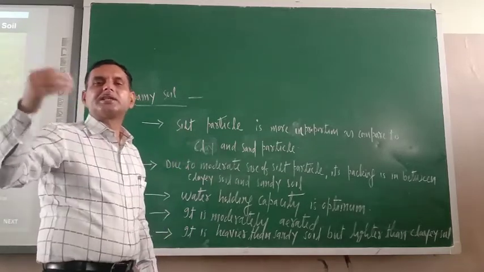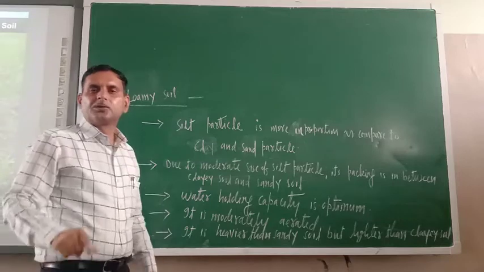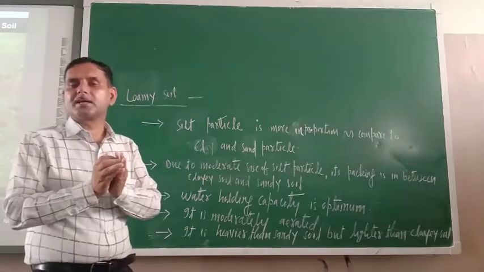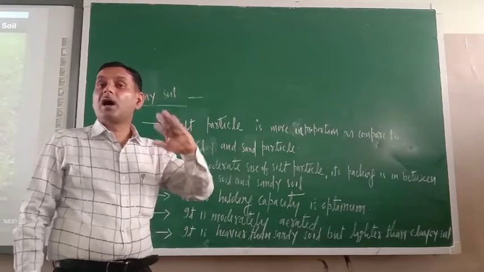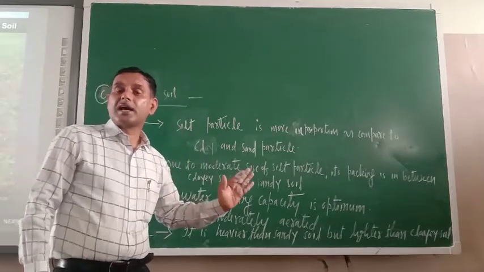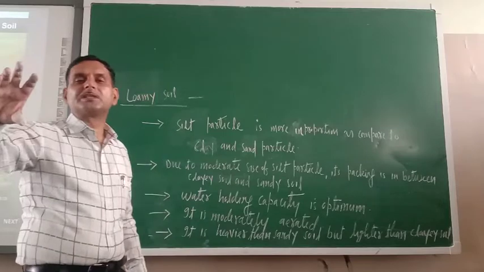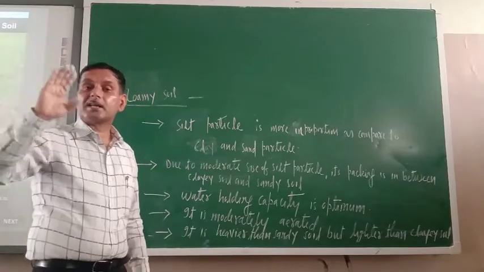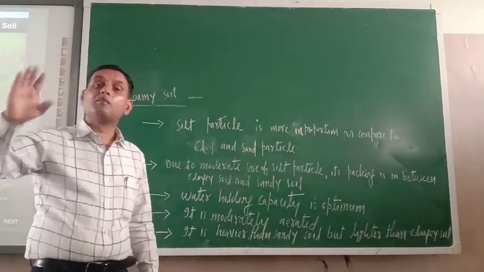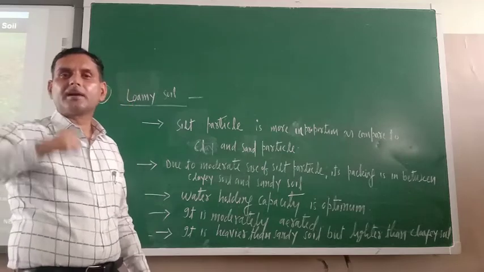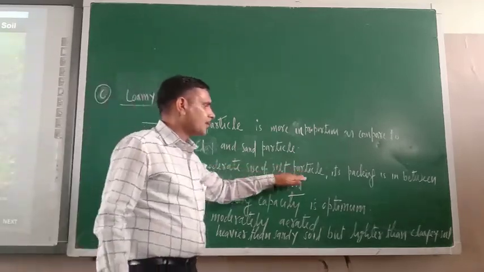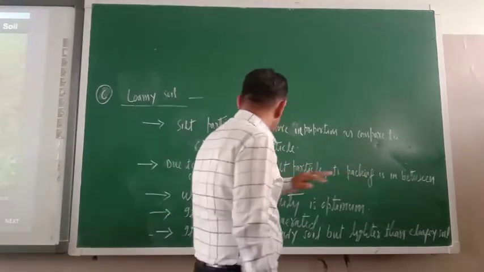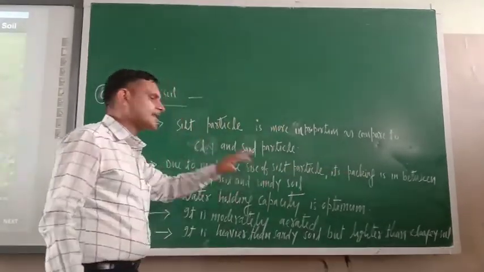Since their size is larger than clay particles, the packing of loamy soil is lesser than clay soil but more than sandy soil. So due to the moderate size of silt particles, its packing is in between clay soil and sandy soil.